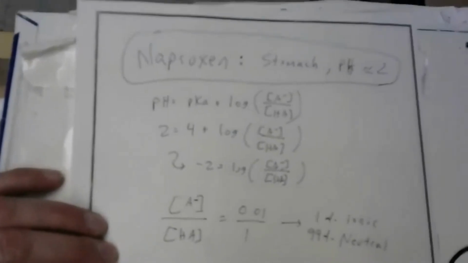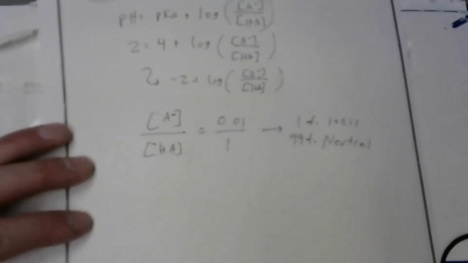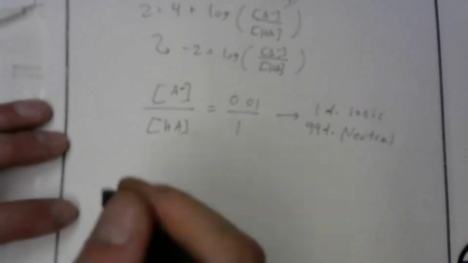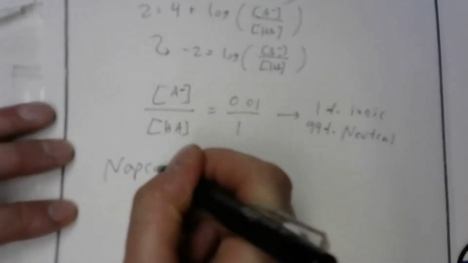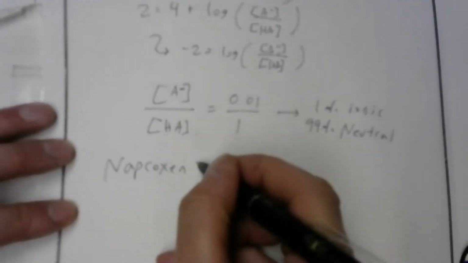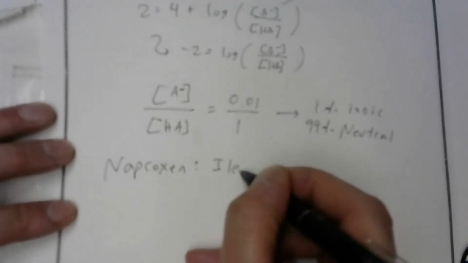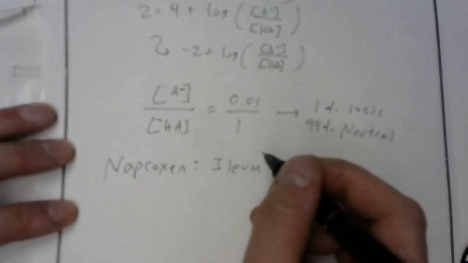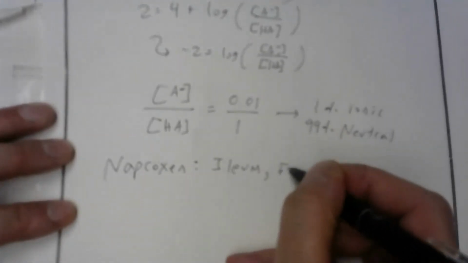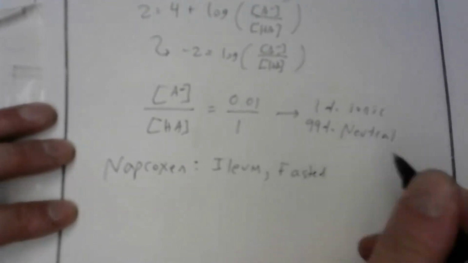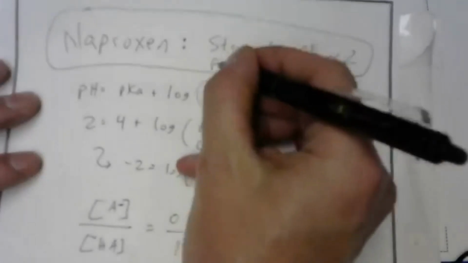Now, if we do the same calculation but in the ileum, kind of the end of the small intestine, fasted state. Top is also fasted state.